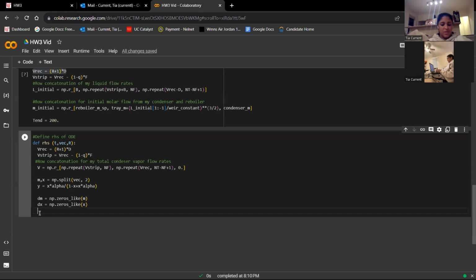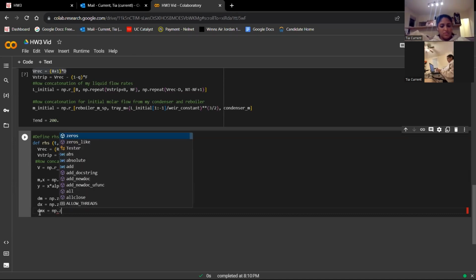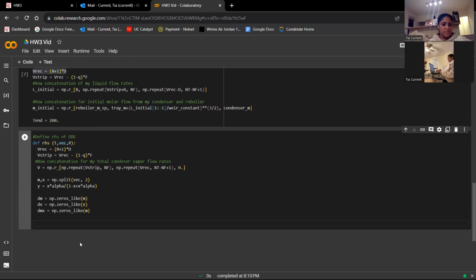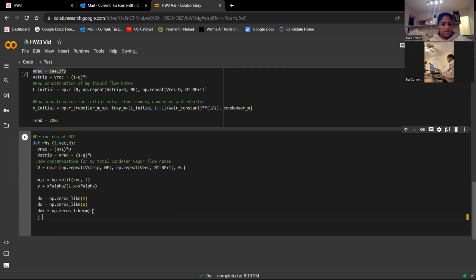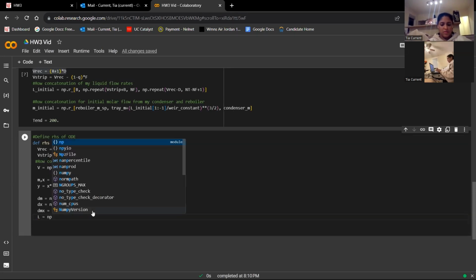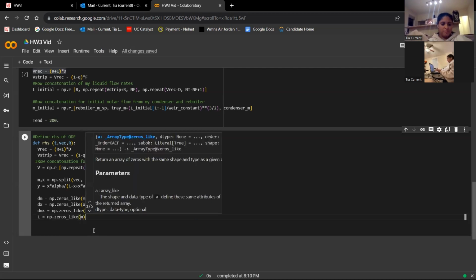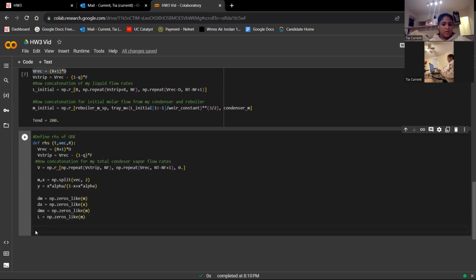So then I'm going to set DMX equal to the same thing, so zeros underscore like, and then M. And then I actually have something right under there. So L is equal to MP dot zeros underscore like, and then M, close parenthesis.